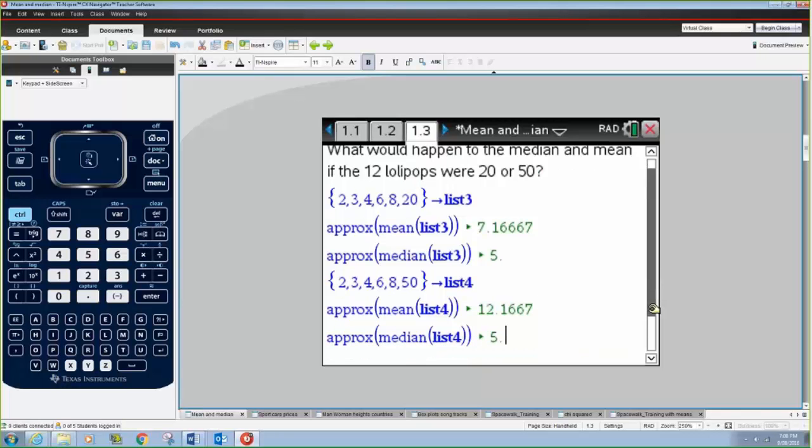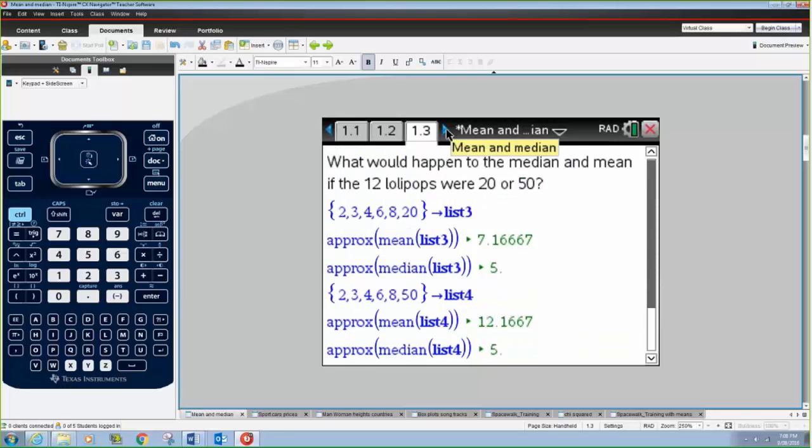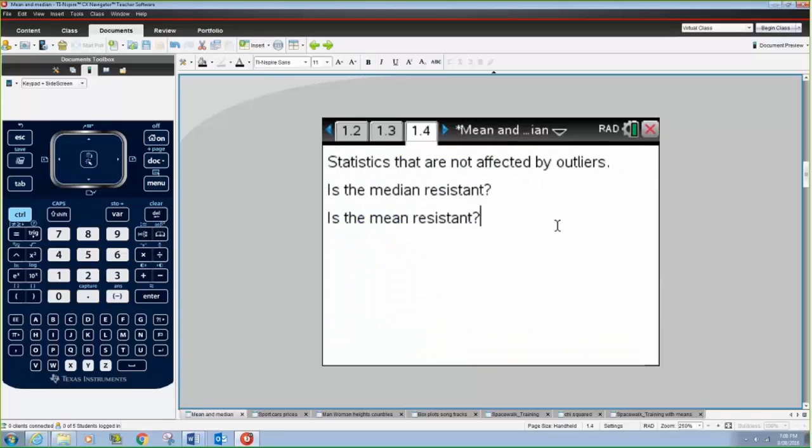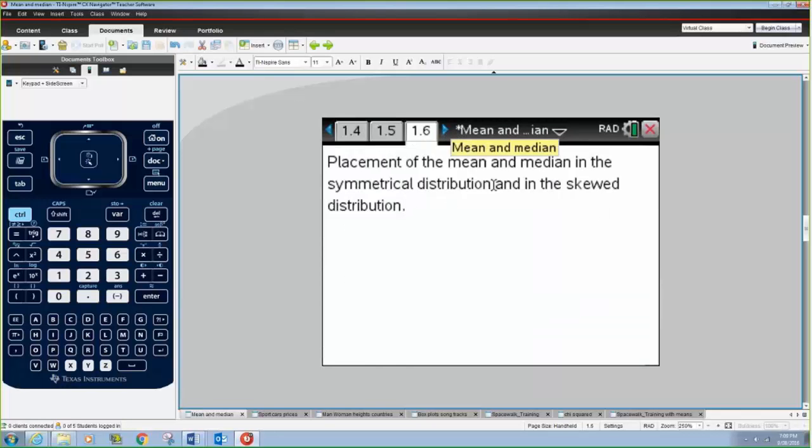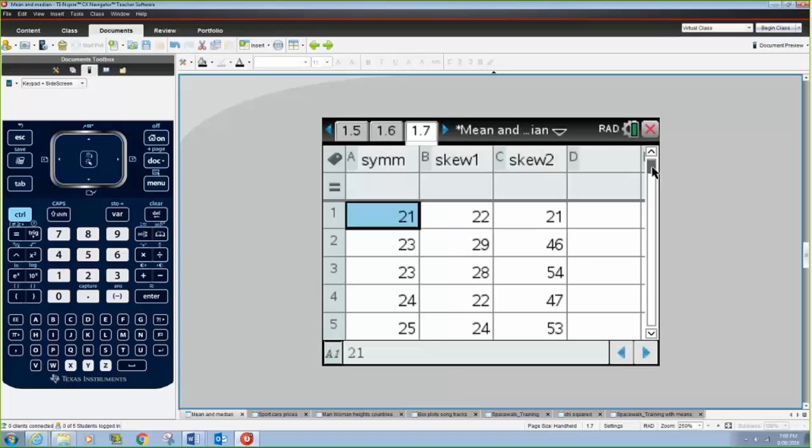So that's a nice activity to display this way, and then we might have a discussion in class about which measure of center is not affected by outliers and which one is. And we might have a poll question as I have designed here and some other discussion on how that happened.